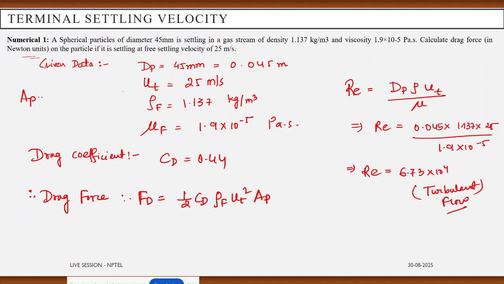AP can also be calculated for the sphere, that is pi by 4 dp square, which gives AP equals 0.00159 meter square.